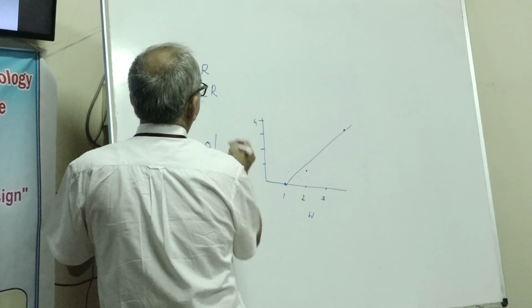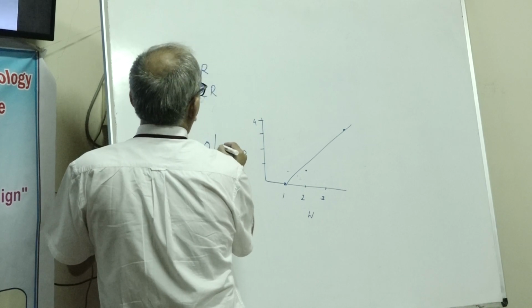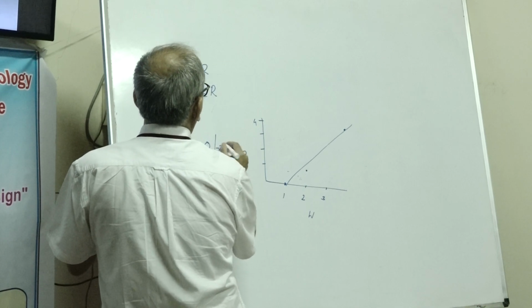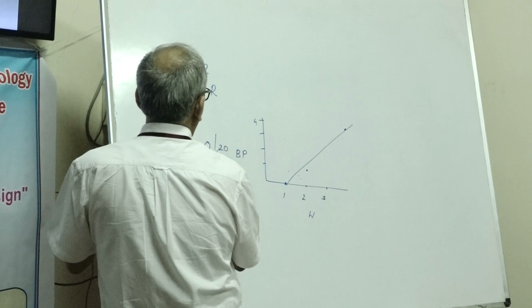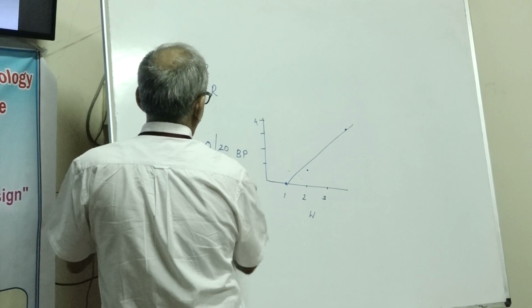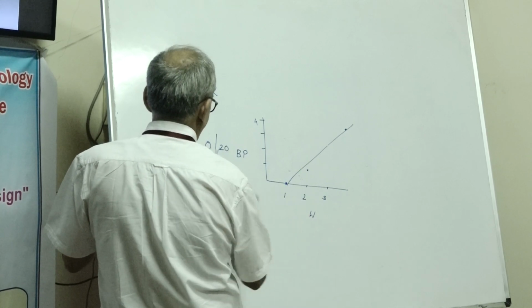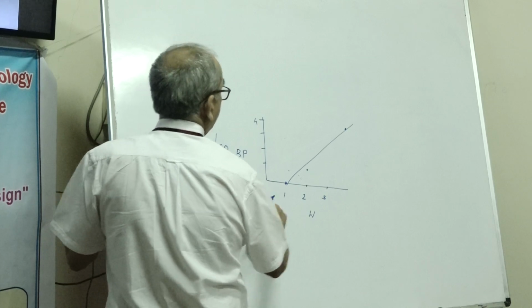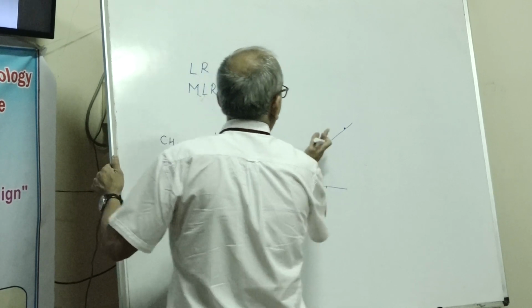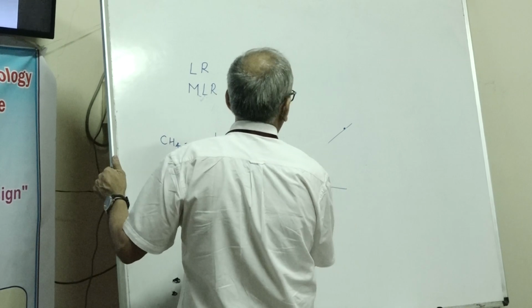So let us say boiling point is minus 20, 35, say 45, it's hypothetical, not exact. Now you are trying to plot a graph of this.